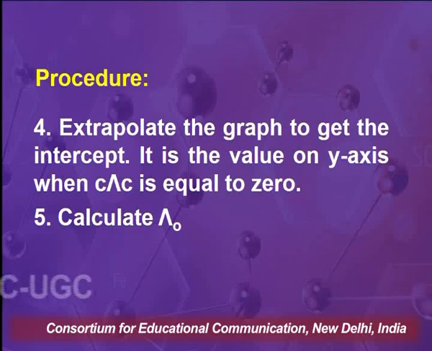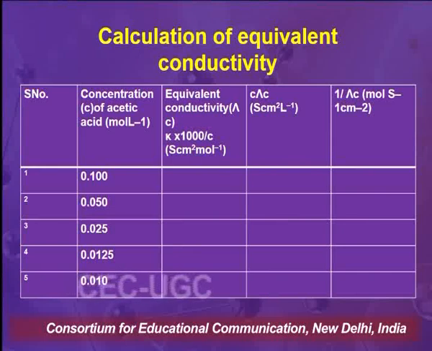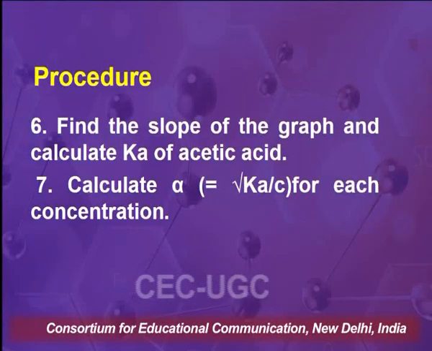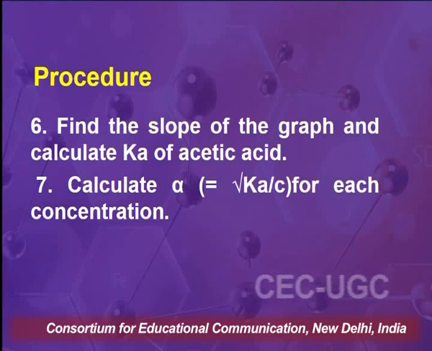Calculate lambda naught, and then we can tabulate our calculations according to this table, where for different concentrations of acetic acid, equivalent conductivity is tabulated, C lambda C is also tabulated, and 1 by lambda C is calculated and tabulated. Find the slope of the graph and calculate Ka of acetic acid.